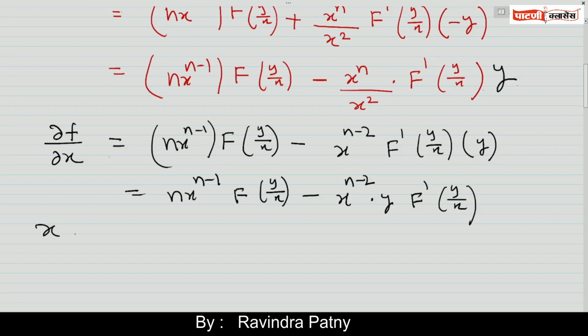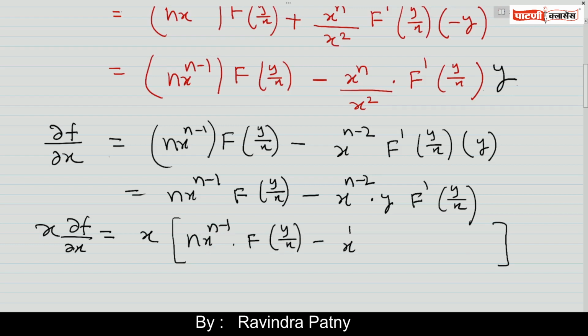Multiplying both sides by x, so x into ∂f by ∂x equals x into the entire function, that is n x raised to n minus 1 f y upon x minus x raised to n minus 2 into y f dash of y upon x.